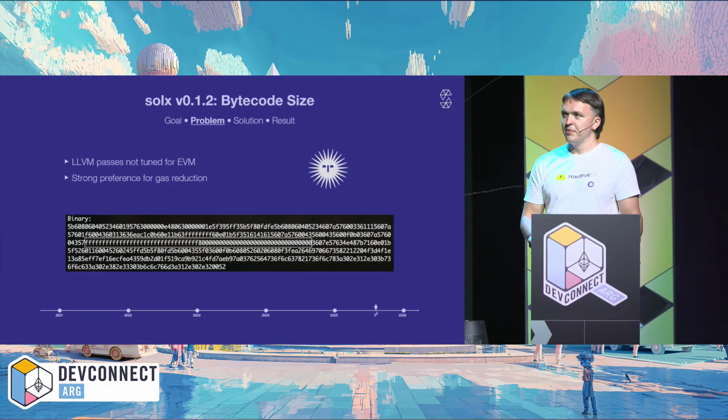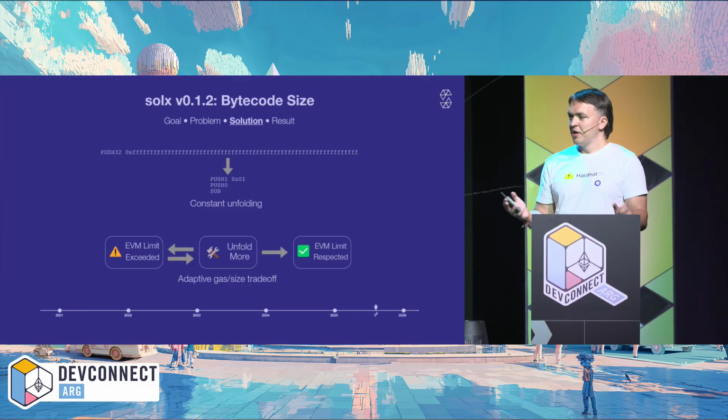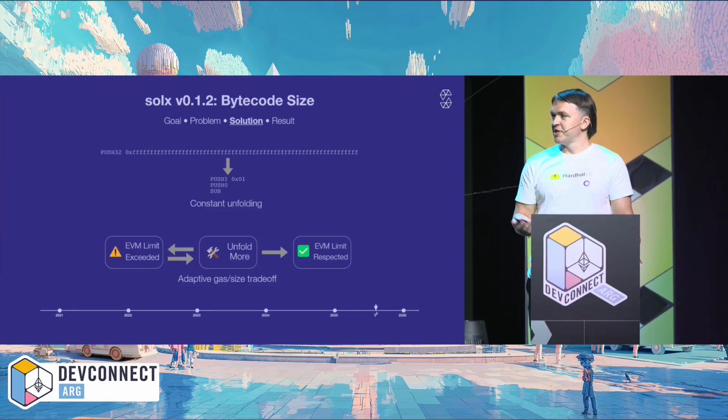We had to get rid of them. So we implemented this constant unfolding algorithm that would just unfold these big constants that were usually representing negative numbers, such as -1, into something concise, but probably costing more gas than just a simple push.